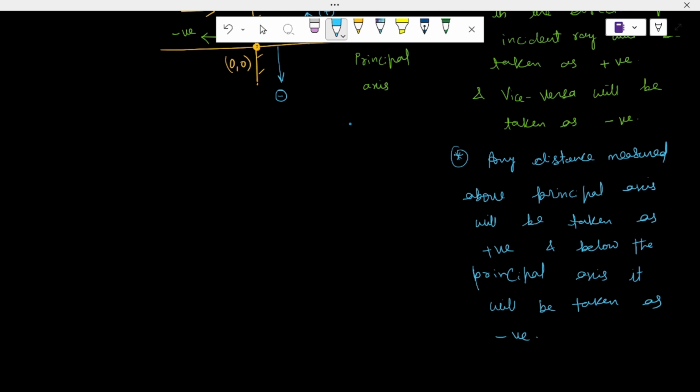The same rule applies for any curved mirror as well.